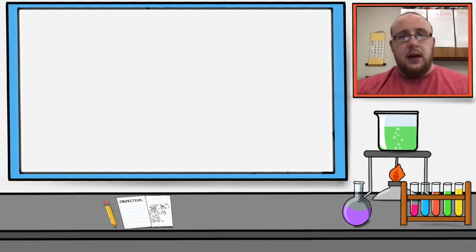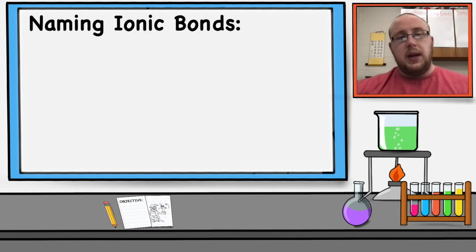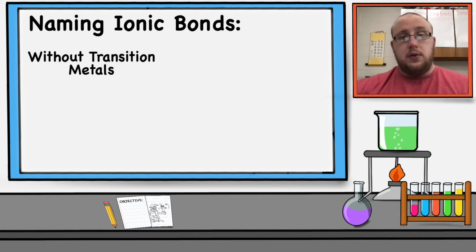Now that we have ionic compounds, we know how to identify them between a metal and a nonmetal. We can talk about how we name these compounds. Well, we'll break the rules for naming ionic compounds into two sets of rules. The first type are the ionic compounds that do not include transition metals in the metal forms.